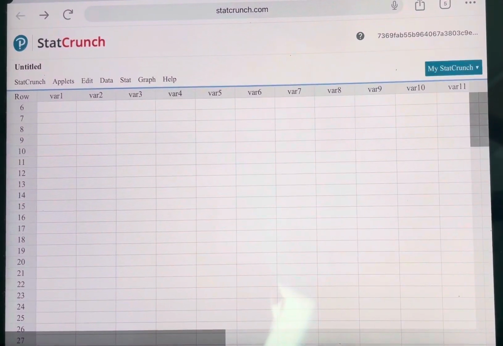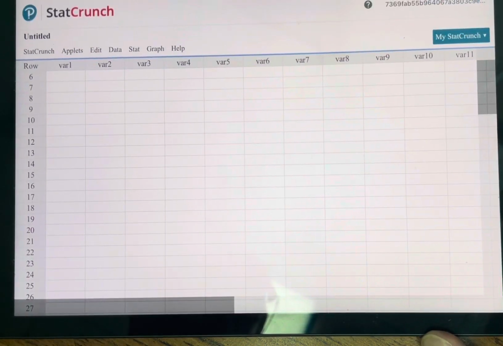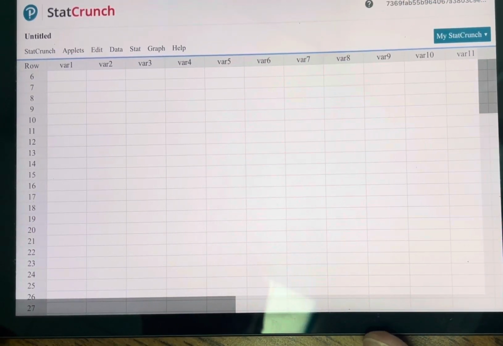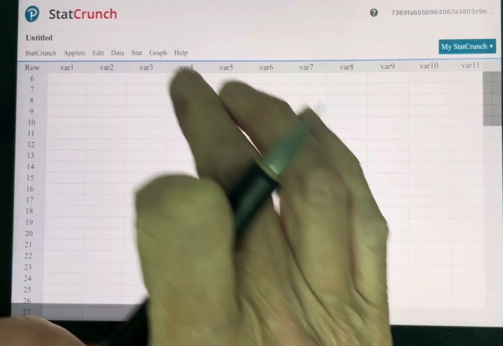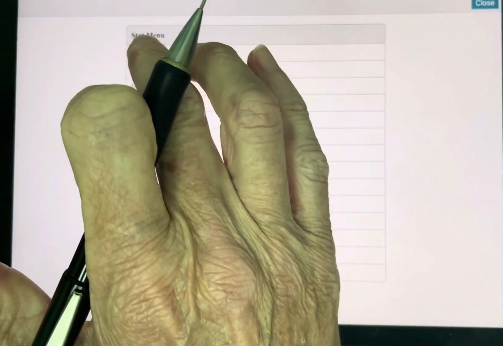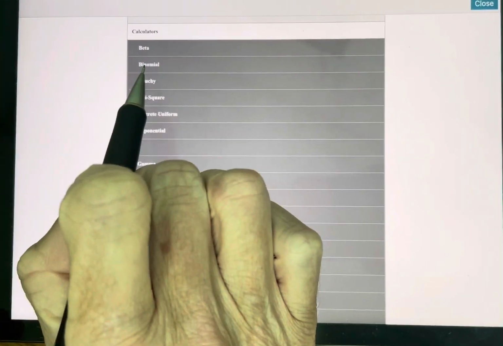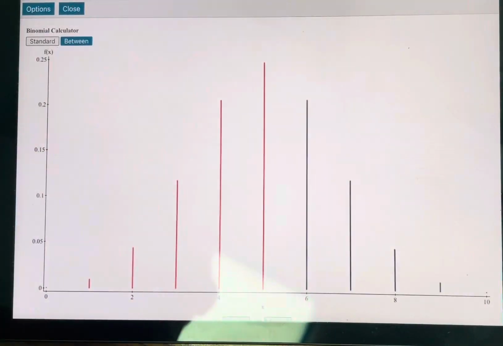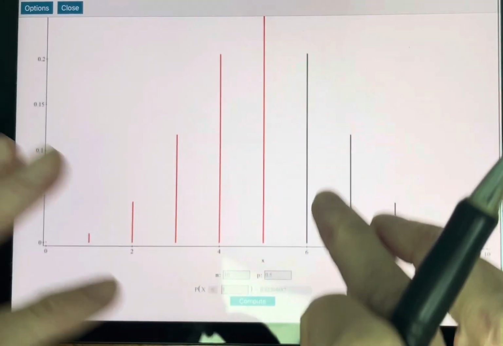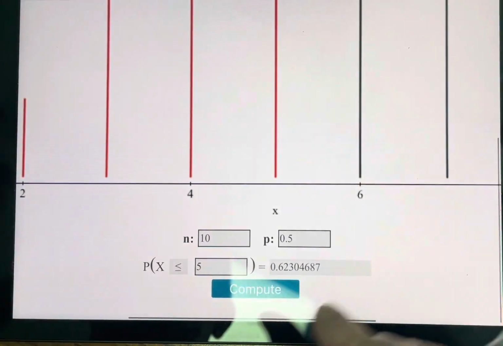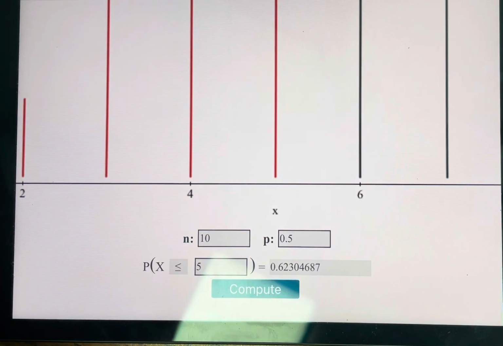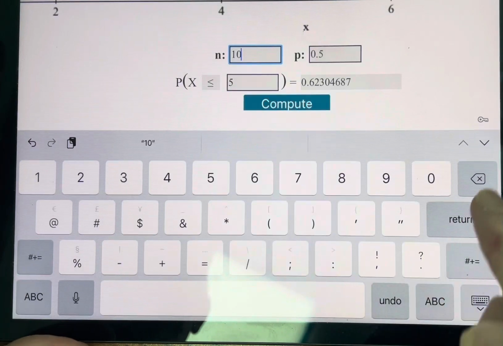So we'll go to StatCrunch. Let's go to Stat, Calculators, Binomial this time because our sample size is too small. Come into here. Our sample size was 34.